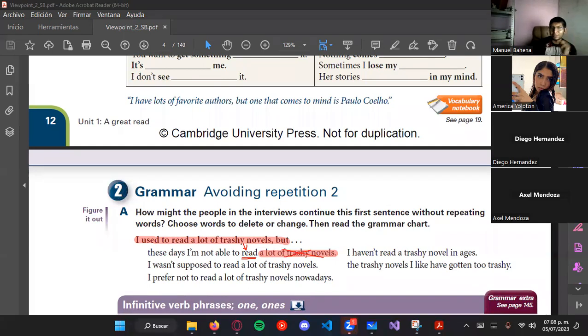Raise your hand if you have the answer. What would we add after the verb to avoid repeating this? What would we add? Who can tell me this?